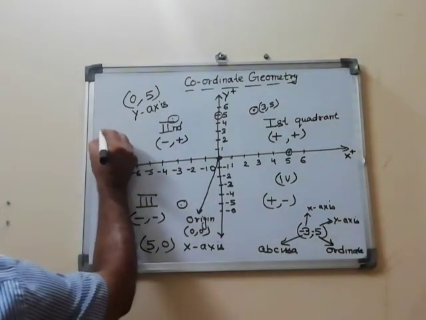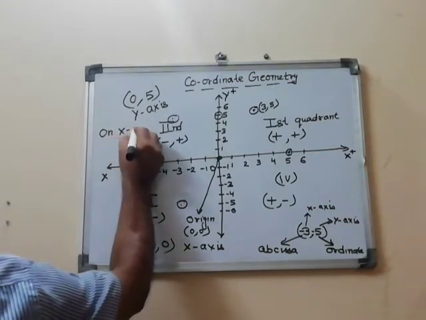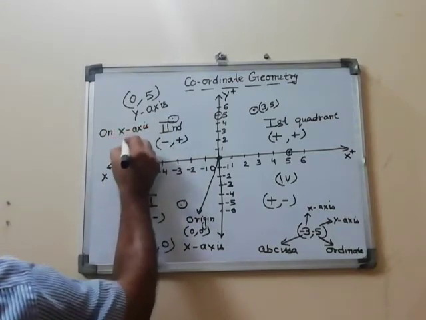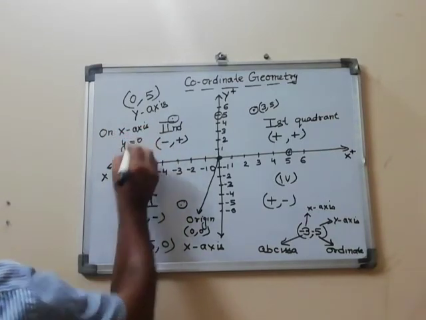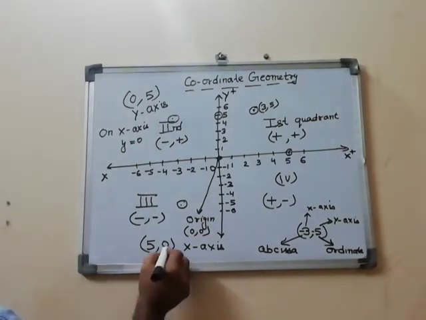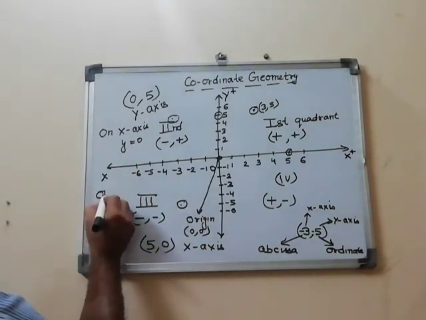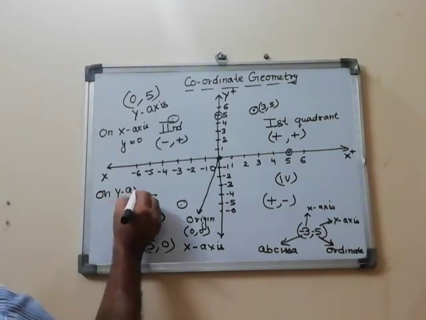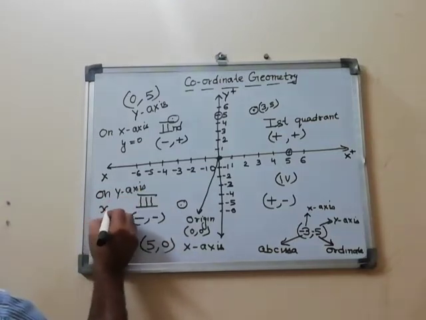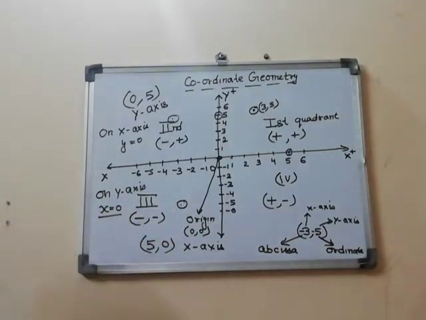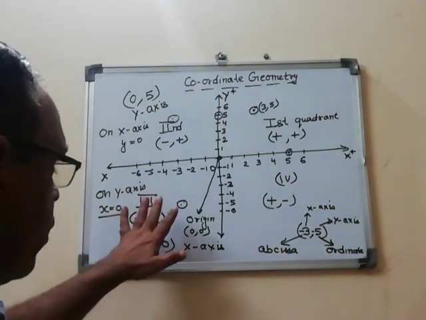So from this we can conclude that on x-axis y equal to 0, you can see that. On y-axis x equal to 0. Okay, so you can just see that.